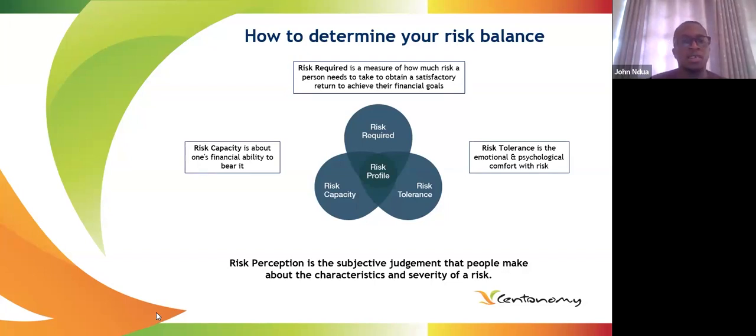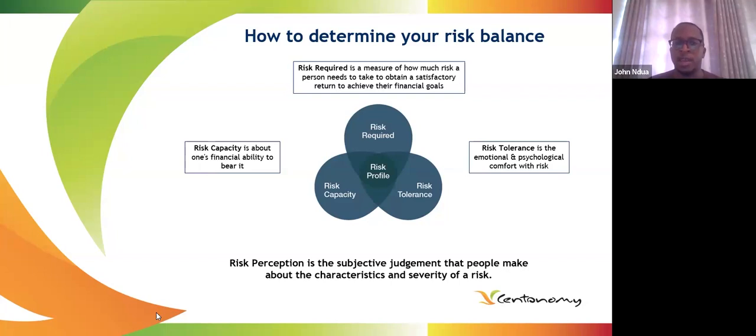That is what we call risk required. And it's directly tied to the goal and how much money you have to achieve that particular goal. And all those three should be taken in equal measure. And then you'll have your risk profile.